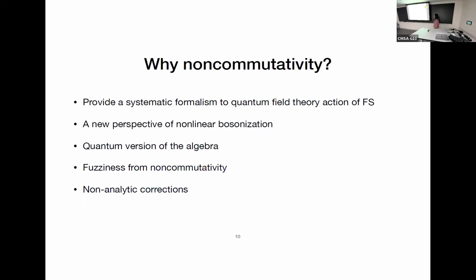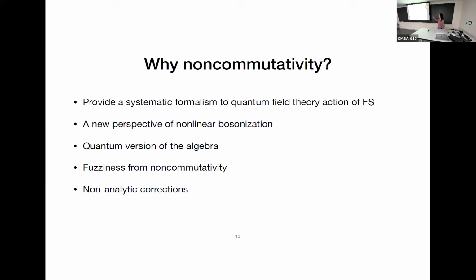Okay, so why is non-commutativity so interesting? First of all, it provides a systematic formalism for the quantum field theory action of this Fermi liquid system. And it might give us a new perspective on nonlinear bosonization.